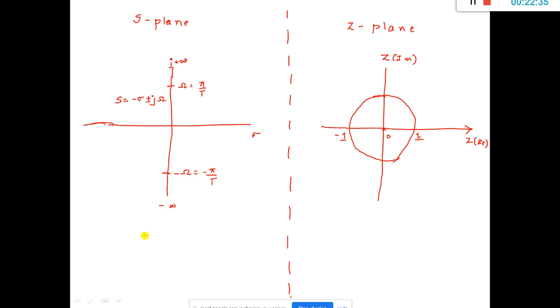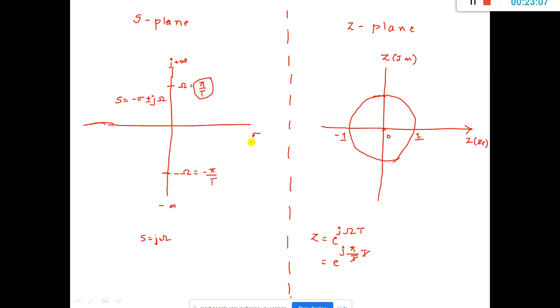Now, how do you map this? s is equal to j omega, but z is equal to e to the power of j omega T. Now I need to represent this on the z plane. I need to represent one of the frequency components, that is at pi by T, and see where it occurs. Let me take this pi by T. So what happens here?